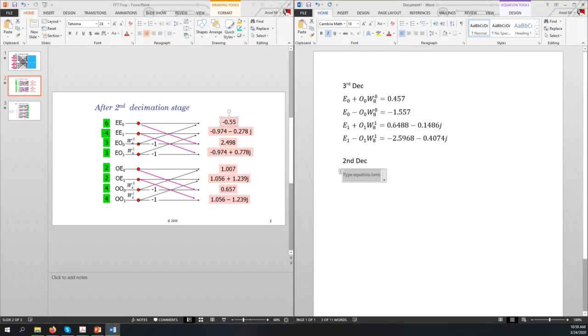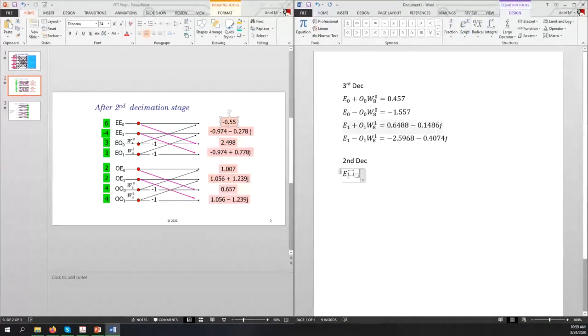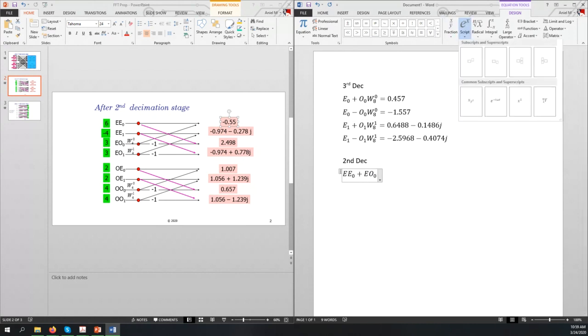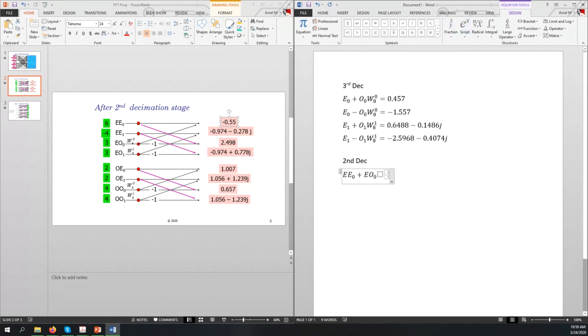So the equation here is going to be E naught plus EO naught multiplied by W4 naught is equal to negative 0.55.